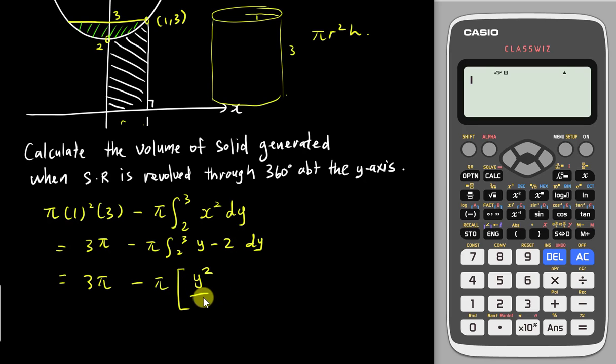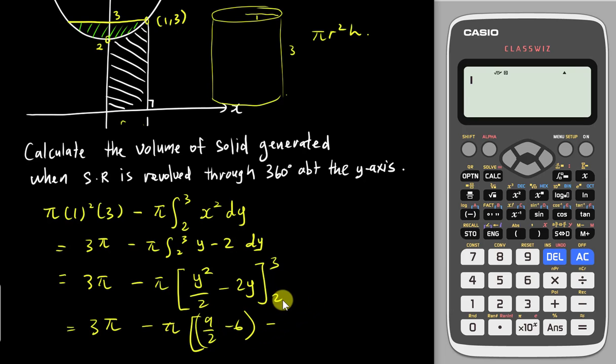This is y squared over 2 minus 2y, and then this is 2 and 3 here. So this is 3 pi minus pi. This one will be sub the 3 first, so it will be 9 over 2 minus 6, put a bracket for it, minus sub the 2 here, so it will be 4 over 2, which is 2, minus 4.